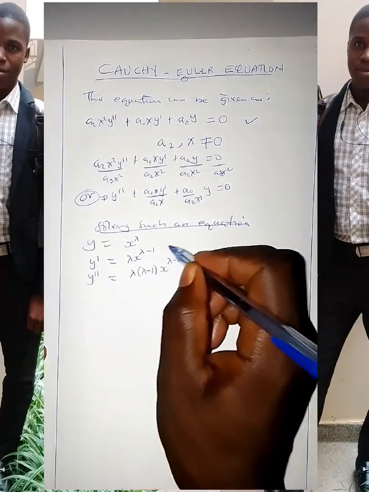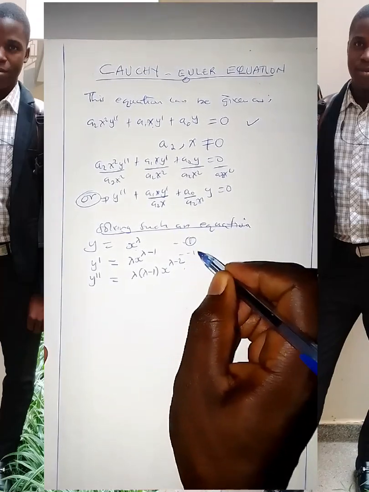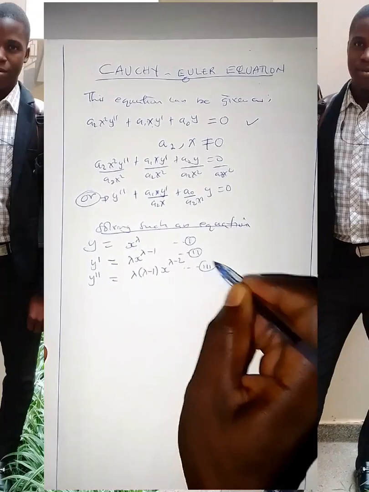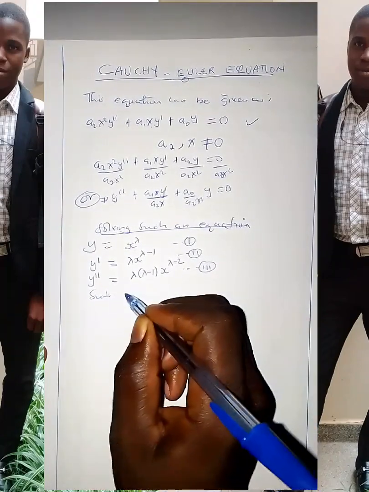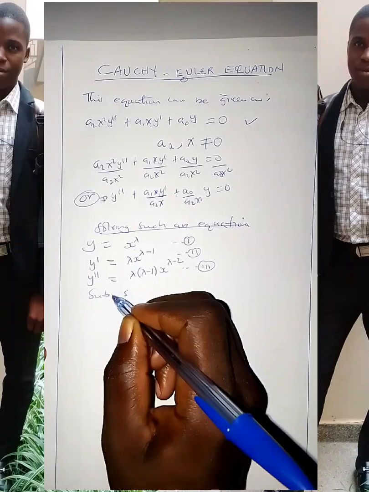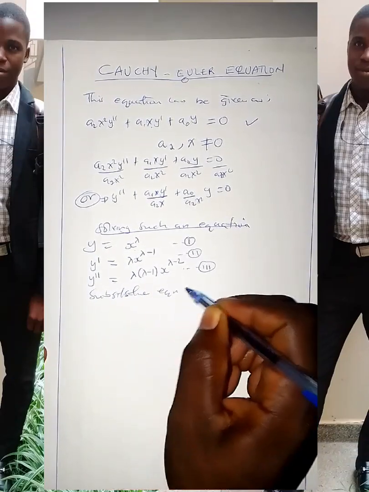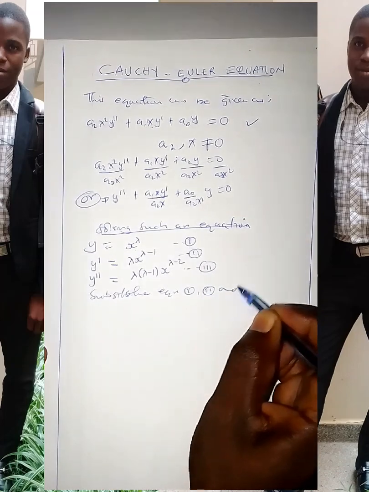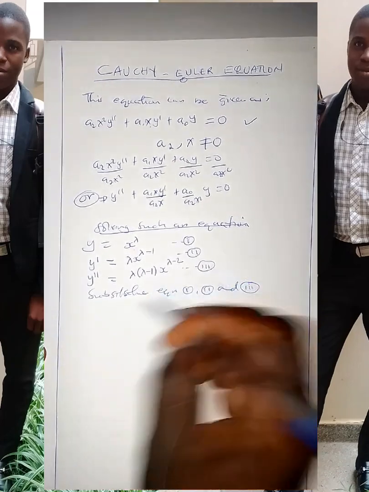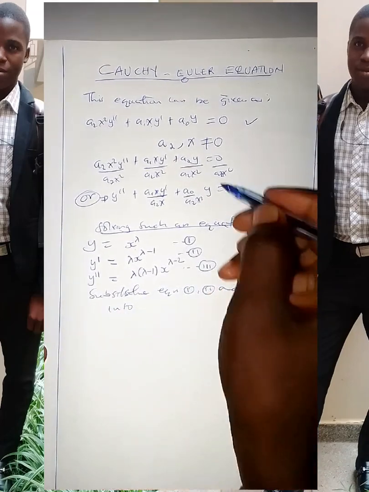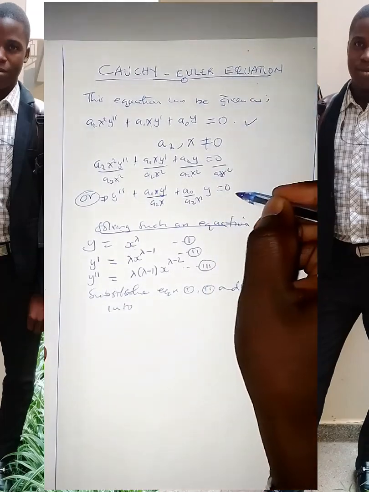Then what happens is, I have this equation 1, this is 2, then this is 3. So what I do, I'm supposed to substitute equations 1, 2, and 3. Where am I supposed to substitute? Into either this equation or this equation.